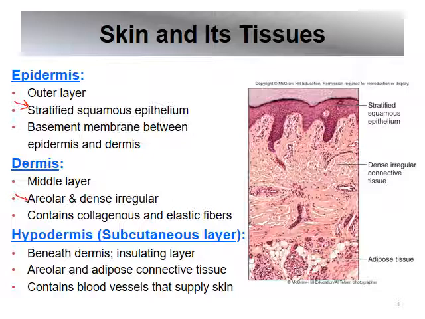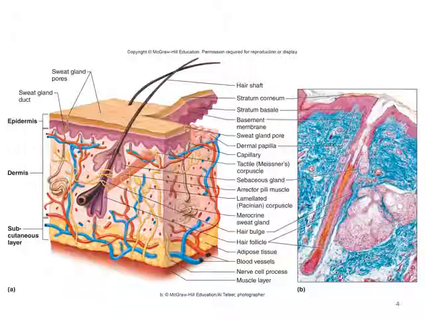And then for the dermis, know that the dermis is made up of areolar and dense irregular tissues. We're going to see that the areolar is right below the epidermis, and then the dense irregular makes up the rest of the dermis. And the hypodermis, this one is underneath the dermis, and this contains a lot of areolar, but mostly. And here we're seeing a picture of the skin, and it shows the three different layers.